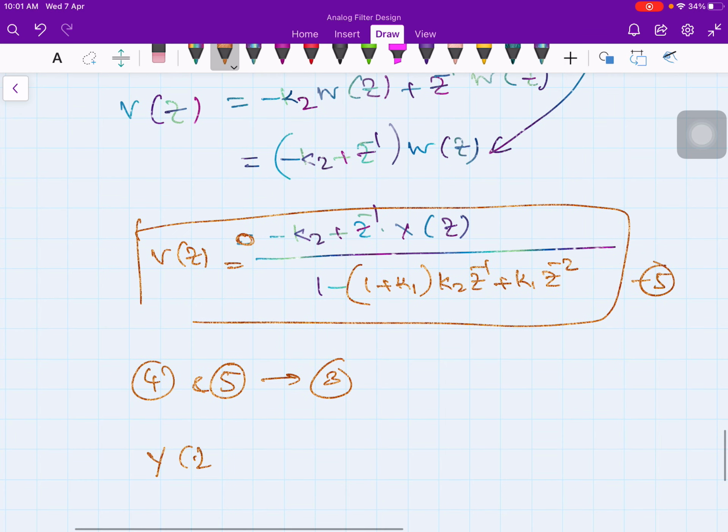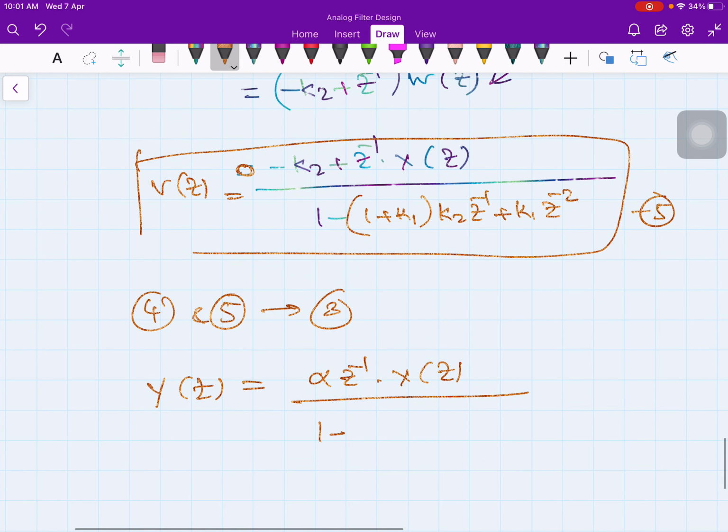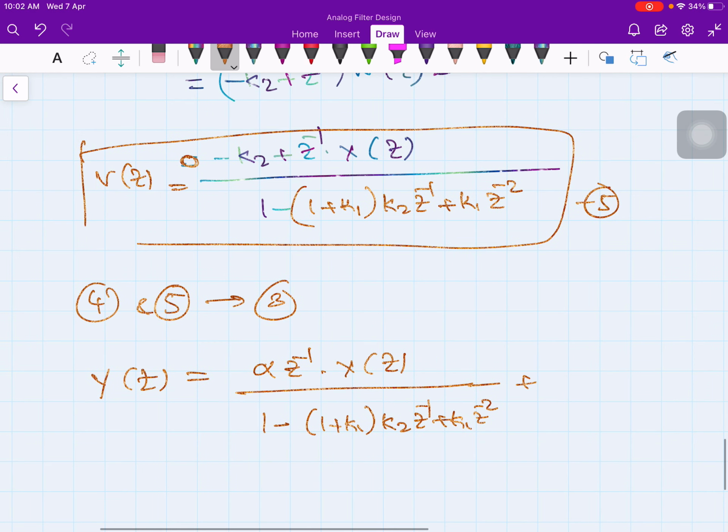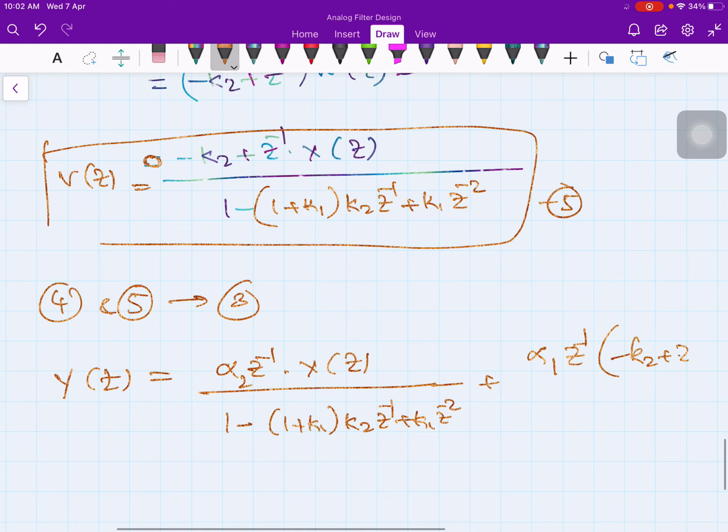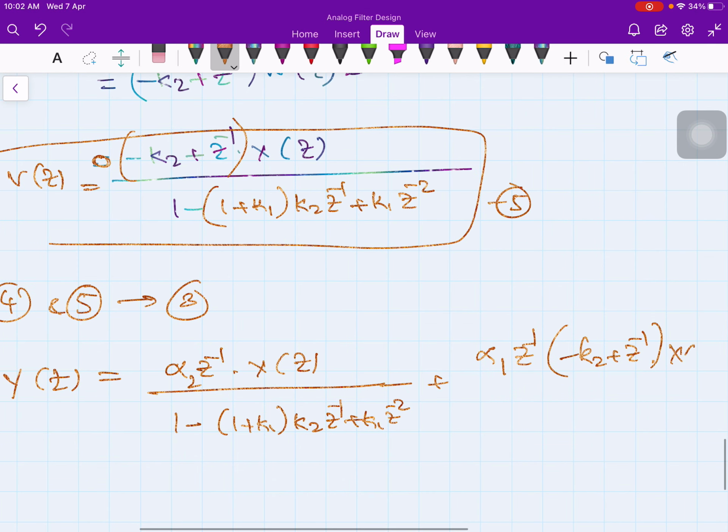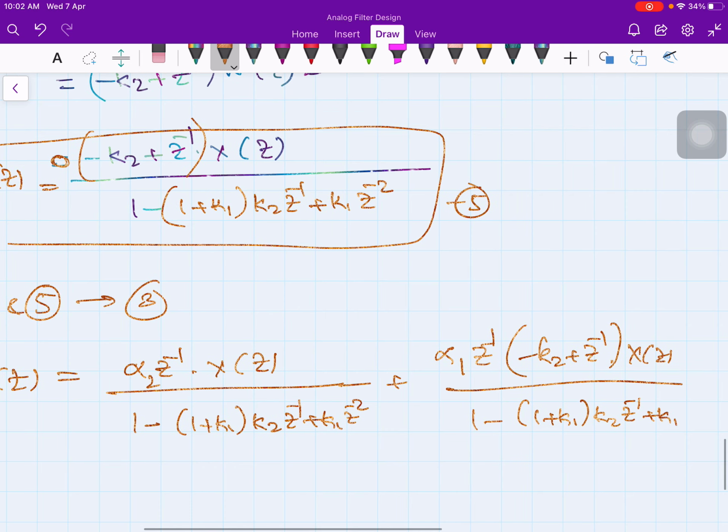Therefore y of z is equal to alpha 2 times z inverse into x of z divided by 1 minus 1 plus k1 k2 z inverse plus k1 z to the minus 2, plus alpha 1 z to the minus 1 minus k2 plus z inverse times x of z divided by 1 minus 1 plus k1 k2 z inverse plus k1 z to the minus 2.